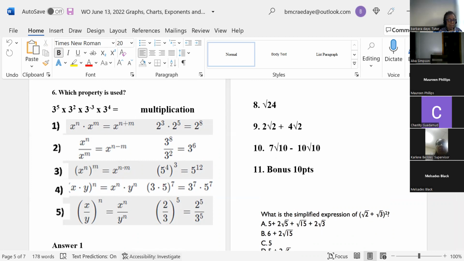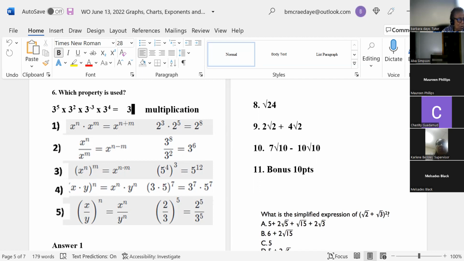What would be the answer here, Maureen? If you multiply this out, what do you get? 3 to the what? What would be the power? No, I want you to multiply 3 to the 5th times 3 to the 2nd times 3 to the minus 3 times 3 to the 4th.